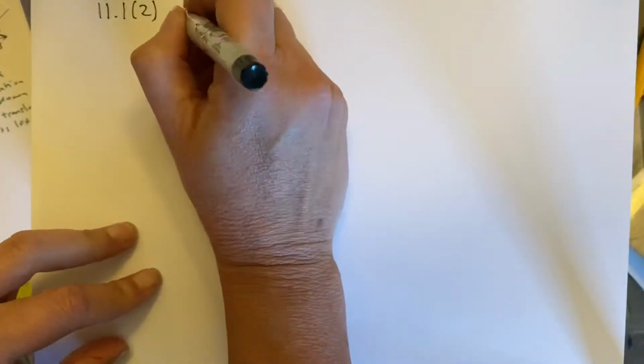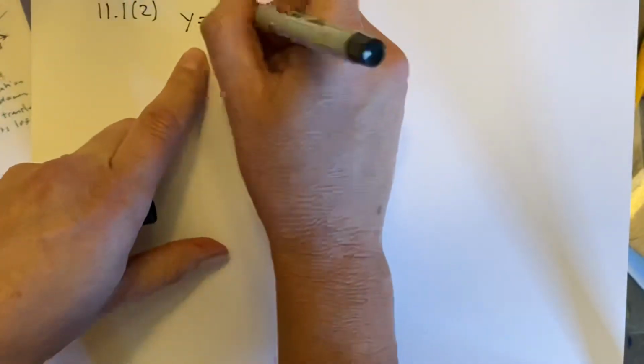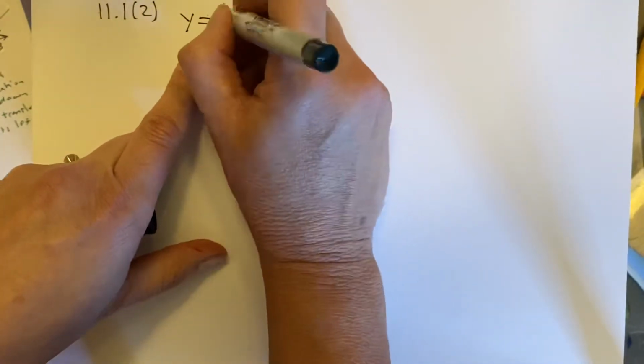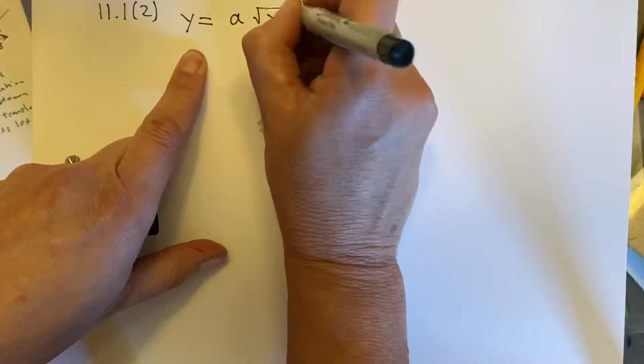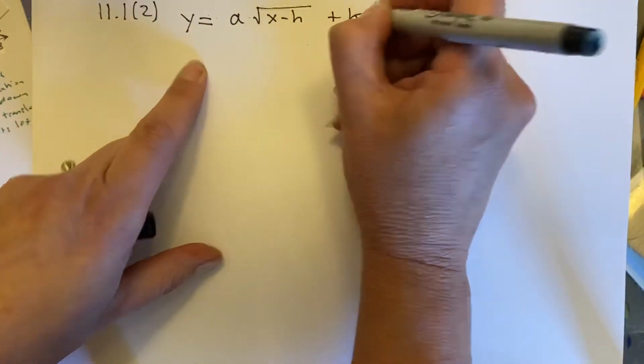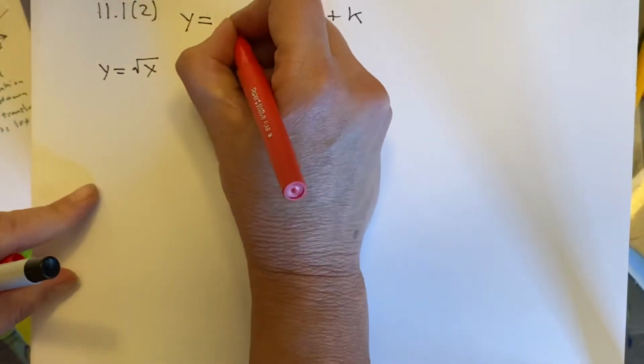So just as a review, we have a radical function, or really in this case a square root function, right? A square root of x minus h plus k. And we started with the parent function, y equals square root of x. And then we talked about what happens to each piece, right?